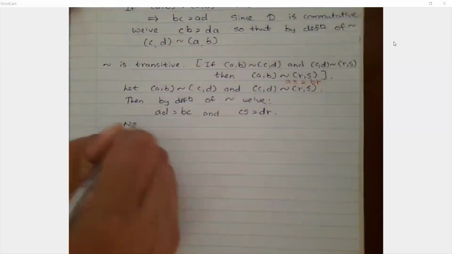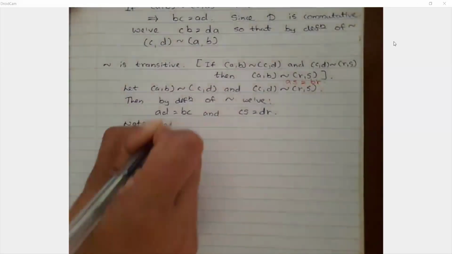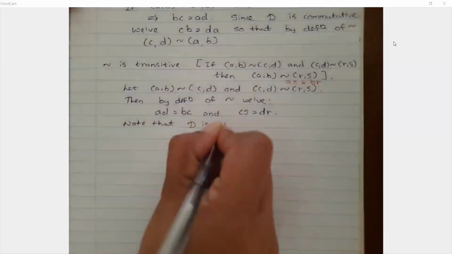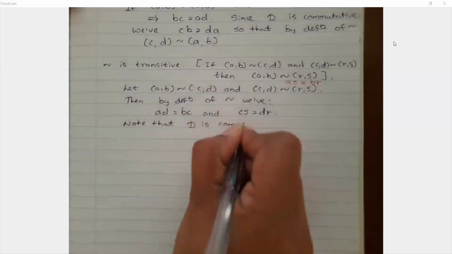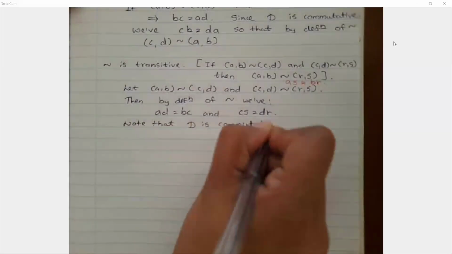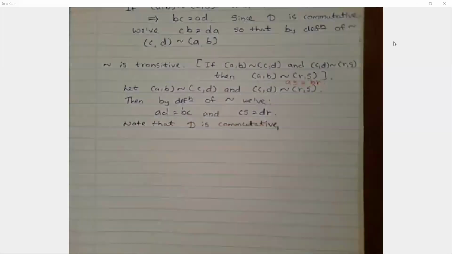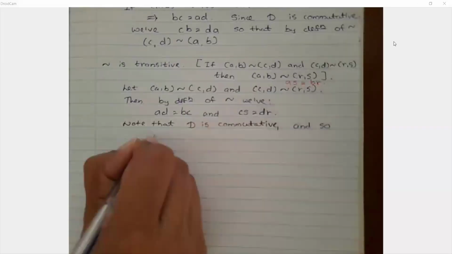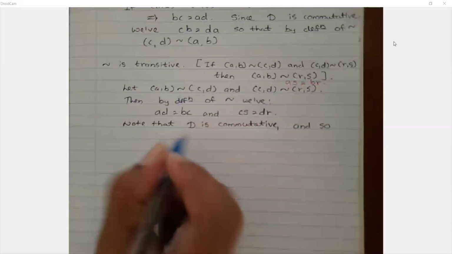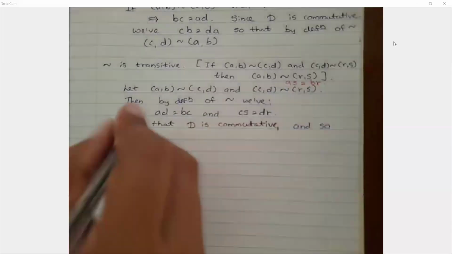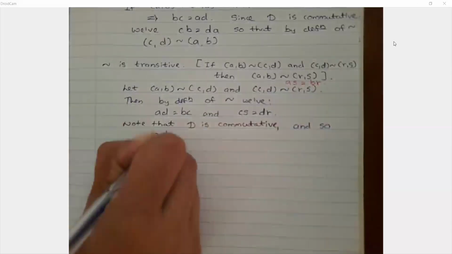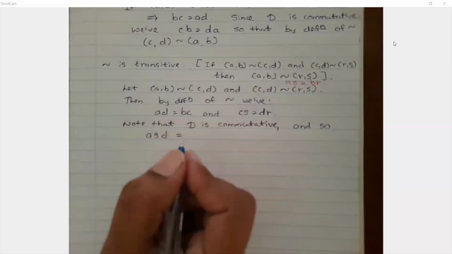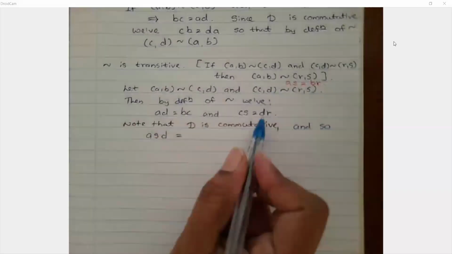Now, multiplication in D is commutative, right? Therefore, we first consider the product. We want to show that AS is equal to BR, right? Consider ASD.